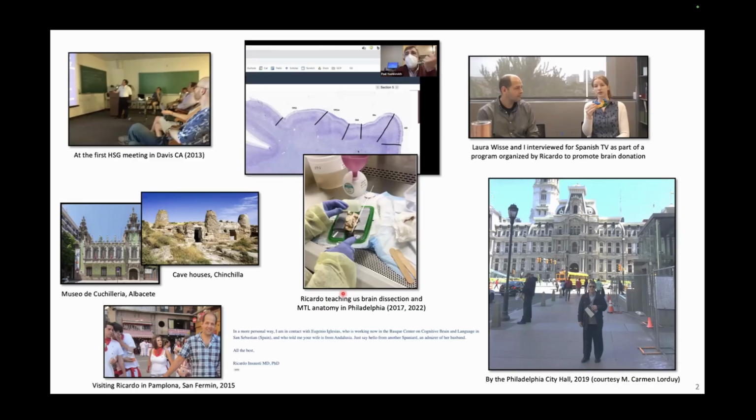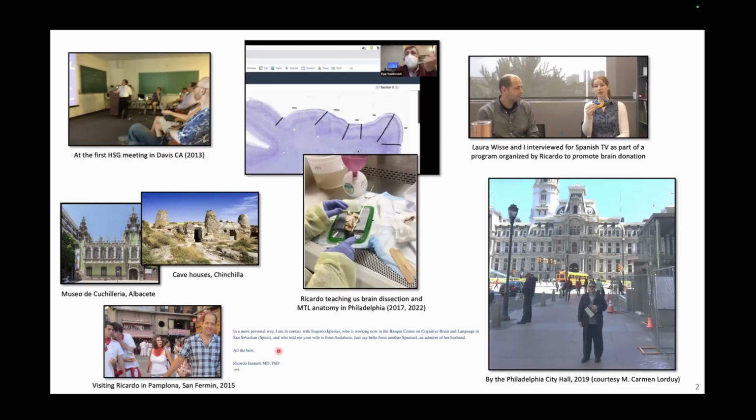I actually met him at the very first meeting of the Hippocampal Subfields group in Davis in 2013. But at the time, I'm a kind of shy guy, and I was probably too intimidated to talk to famous neuroanatomists. I don't think we actually interacted much at that meeting, but a few months later, I got my courage together and I wrote him about a possibility of a collaboration.